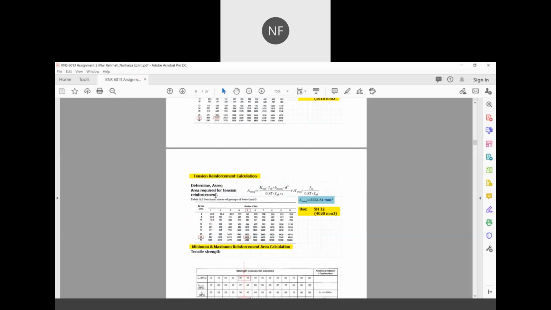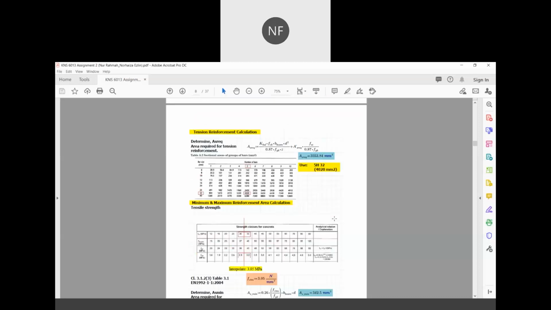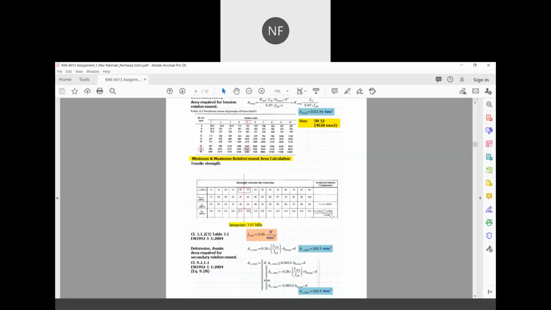And here, we proceed to the tension reinforcement calculation, where the formula is given here. That is, the area required for tension reinforcement is equal to K balance multiplied by fck multiplied by the width of the beam multiplied by the effective depth squared, divided by 0.87 multiplied by fyk multiplied by z, and then plus the required area from compression multiplied by fsc divided by 0.87 times fyk.